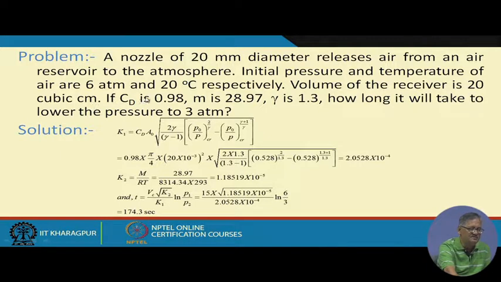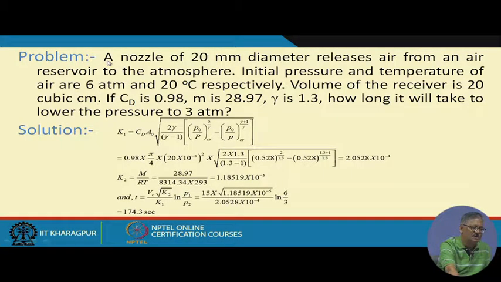If CD is 0.98, molecular weight M is 28.97, gamma is 1.3. How long will it take to lower the pressure to 3 atmosphere, right. So, this is our problem. From 6 atmosphere to 3 atmosphere, how long will it take.